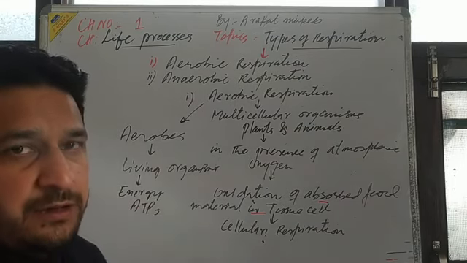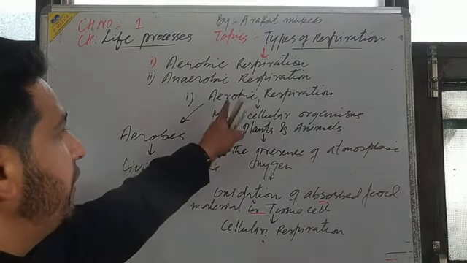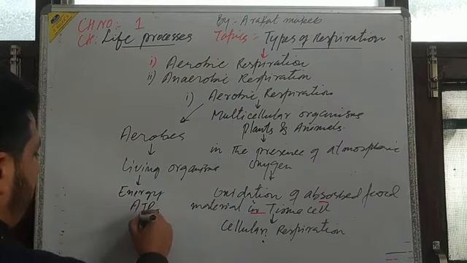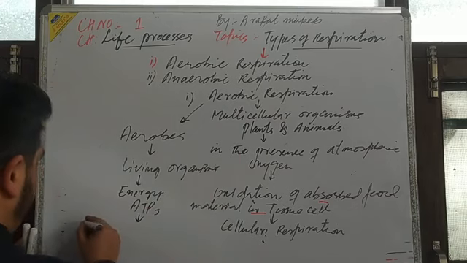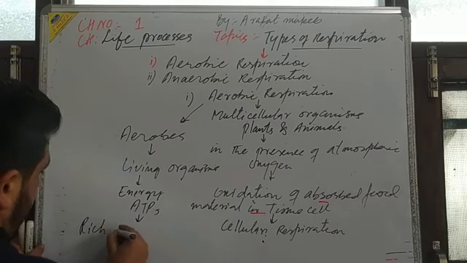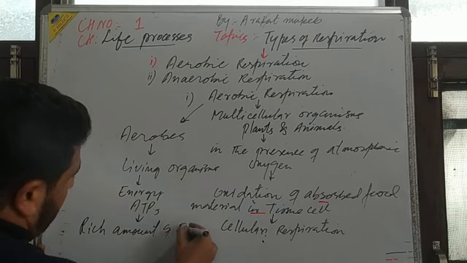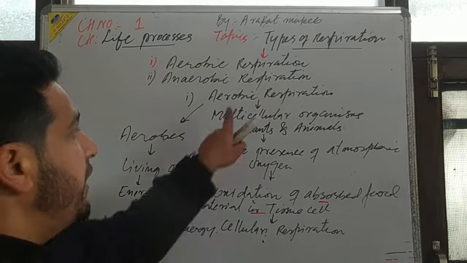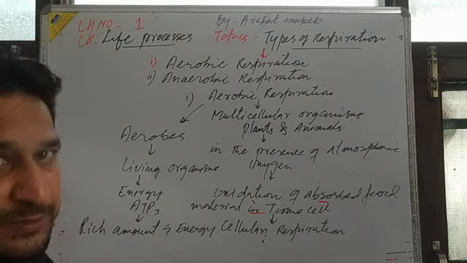ATPs are energy rich molecules that are produced during aerobic respiration. Therefore aerobic respiration yields a rich amount of energy. Those organisms wherein aerobic respiration takes place are known as aerobes.